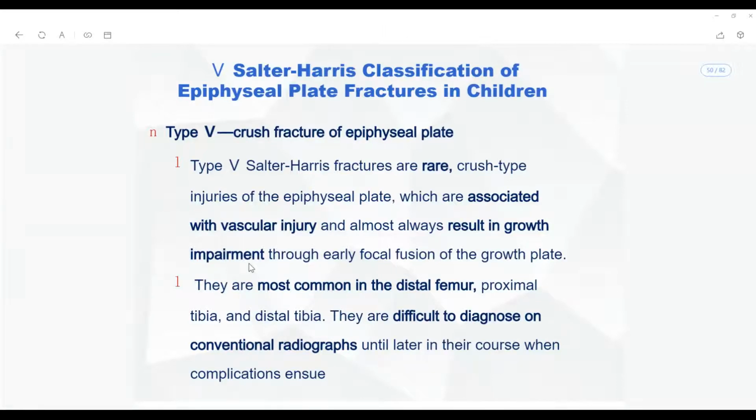Sorry, the early fusion will happen, and then there will be a growth impairment because it will not be fused completely.